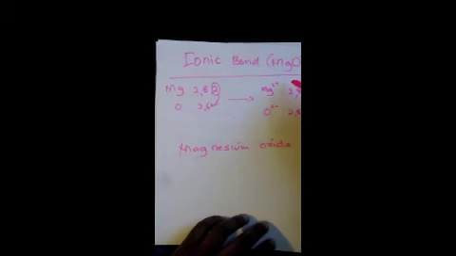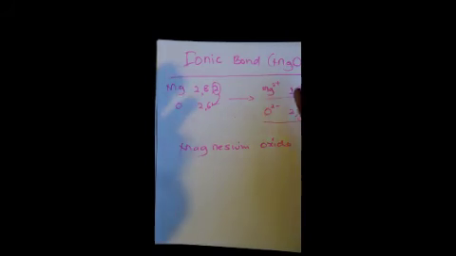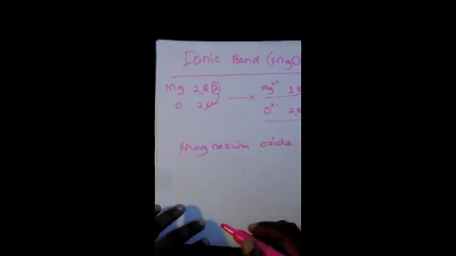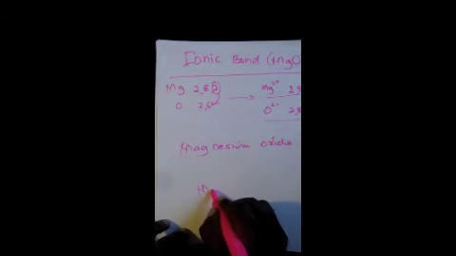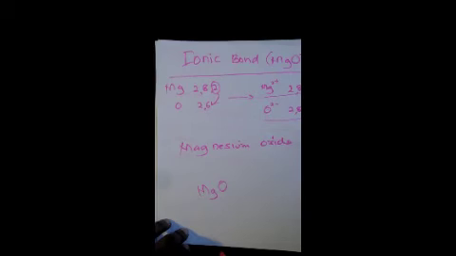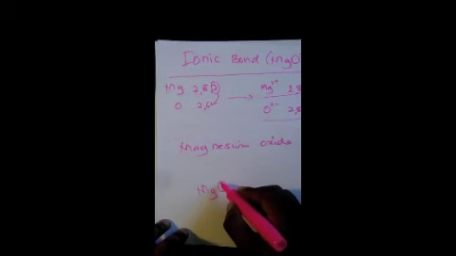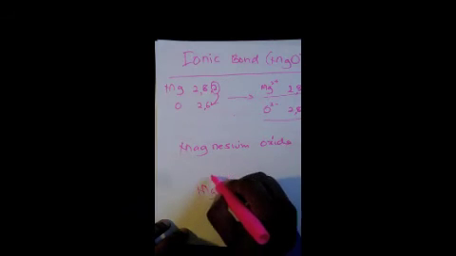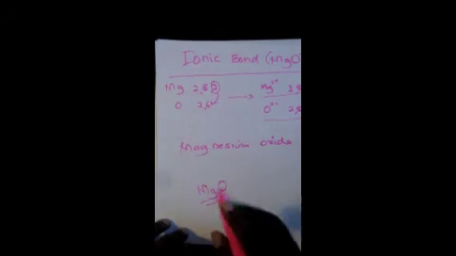After reaction, they both have 2 electrons in the inner layer and 8 in the outer layer. So magnesium oxide is MgO. This is going to be negatively charged, this is going to be positively charged, because this loses electrons, this gains electrons. So that is another example of ionic bonds.